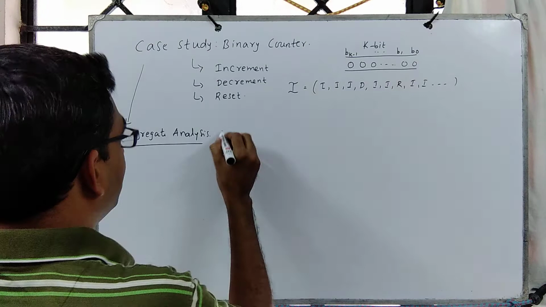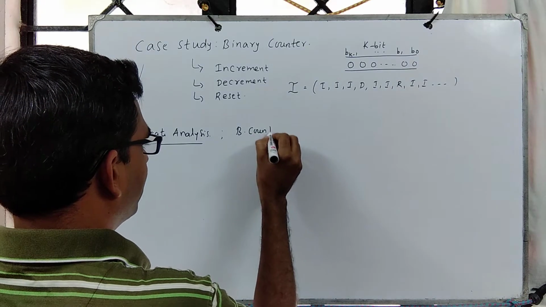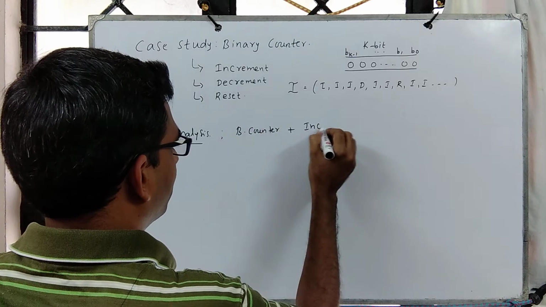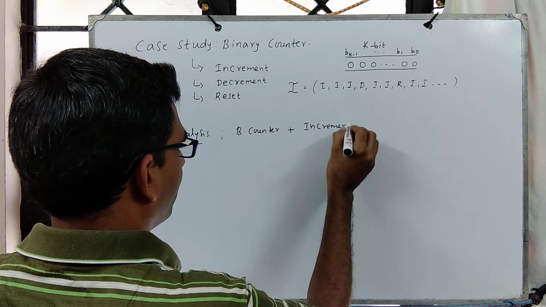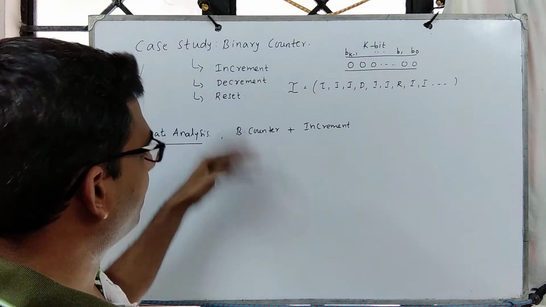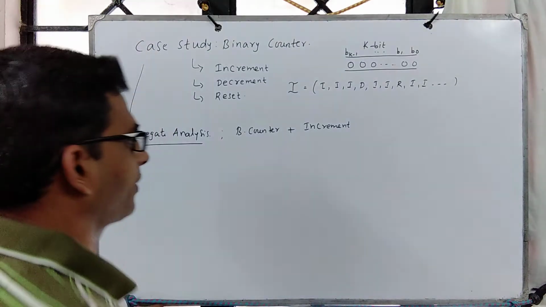To start with, let's assume it is a binary counter with just the increment operation. Subsequently, we shall bring in the other two operations.